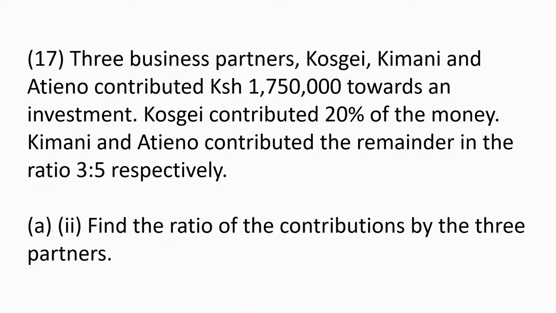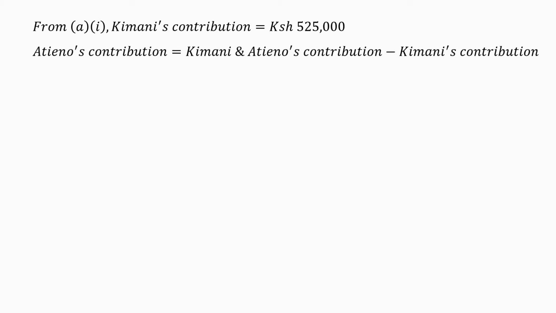Part A2, find the ratio of the contributions by the three partners. So from part A1, we obtained that Kimani's contribution was 525,000. And so we can obtain Atieno's contribution by subtracting Kimani's contribution from their joint contribution, and we obtained these figures in part A1 as well.